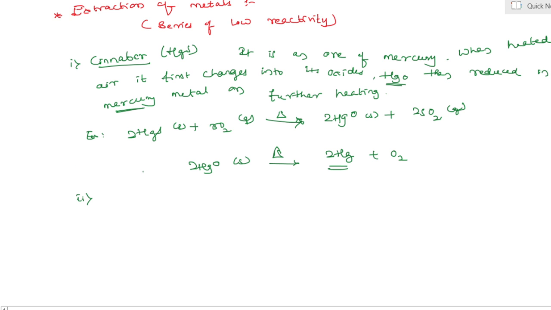Yes, second example or second extraction of metal is copper from copper glance. Copper glance, Cu2S.